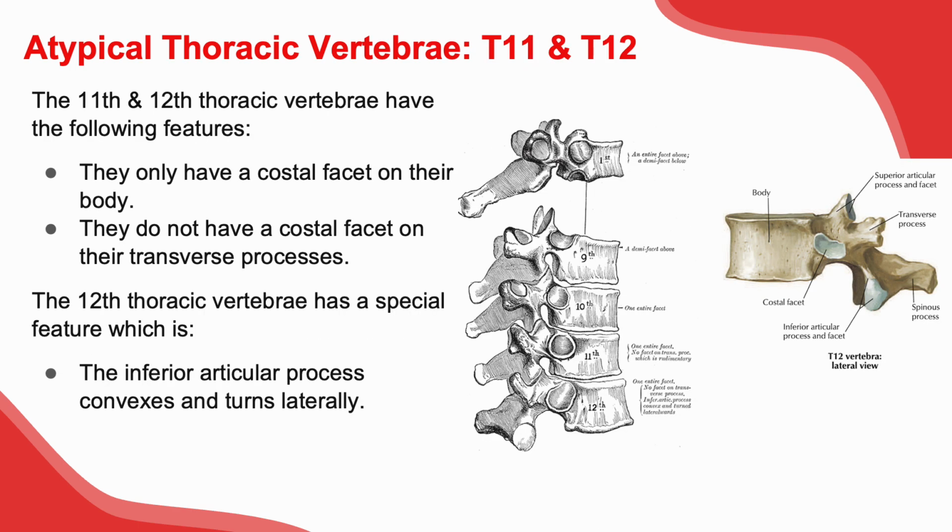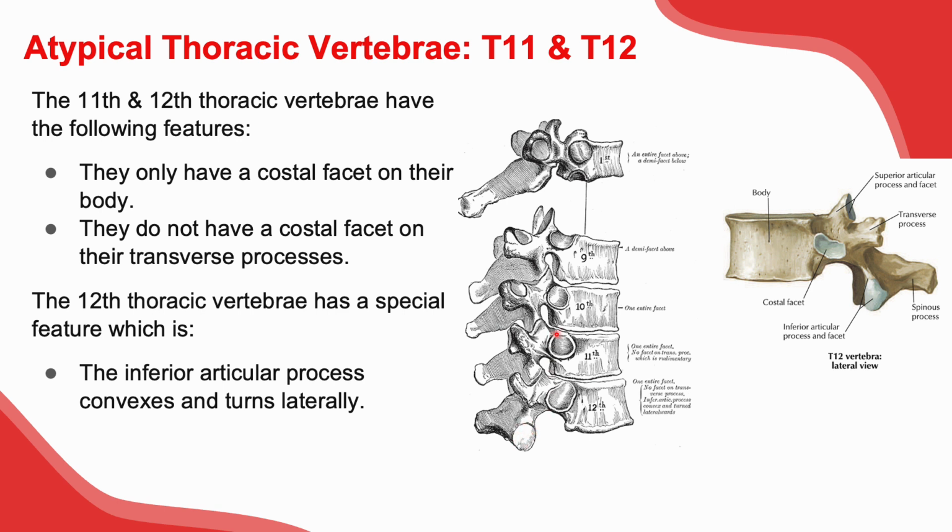The 11th and 12th thoracic vertebrae have the following features. They only have a costal facet on their body, right here, and they do not have a costal facet on their transverse processes from the tubercle of the rib. The 12th thoracic vertebra has a special feature, which is that the inferior articular process is convex and turned laterally.